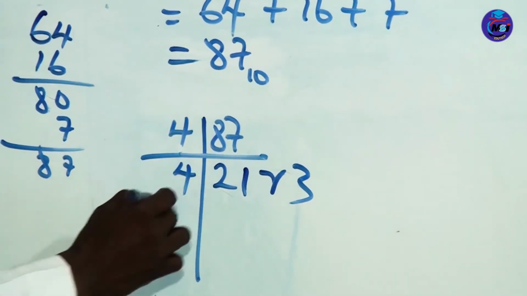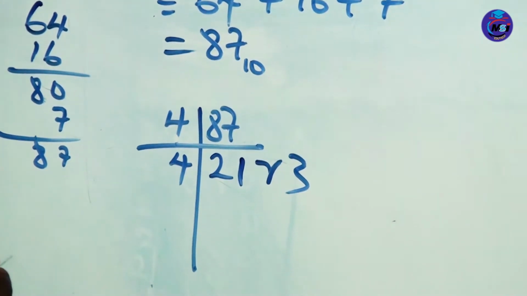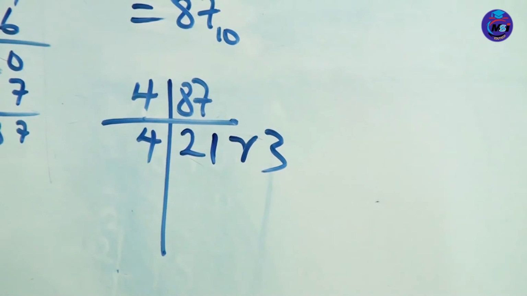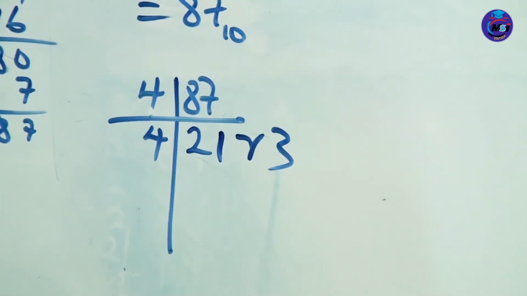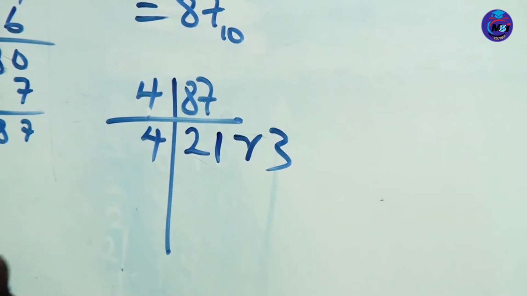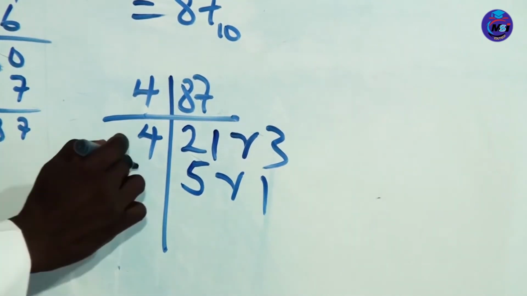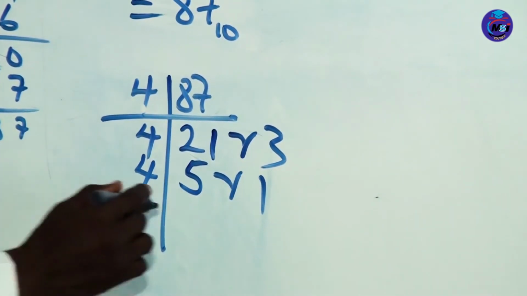Now let's look at 4. How many 4s can we get in 21? You think of a number you can multiply by 4 that will give you 21. There's no number like that. So let's think about 5. 4 times 5 will give us 20. So 5, remainder 1. Now let's use 4 again. How many 4s can we get in 5? It's 1.